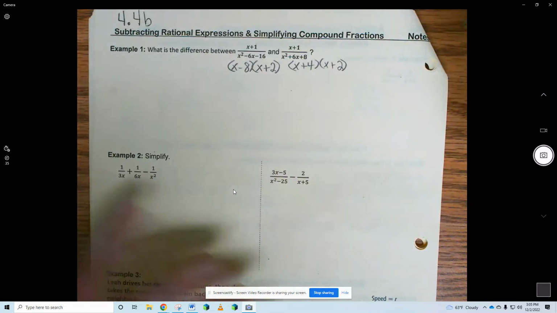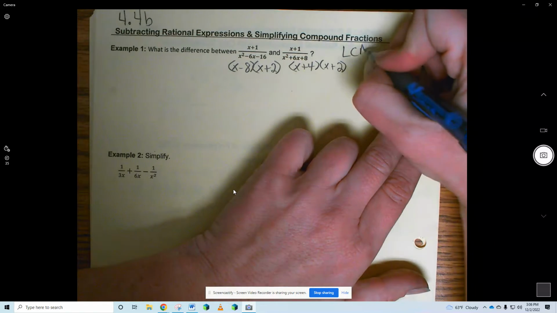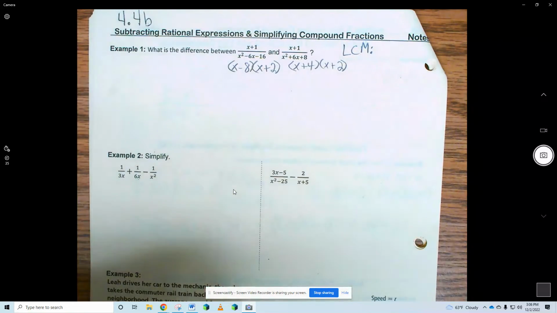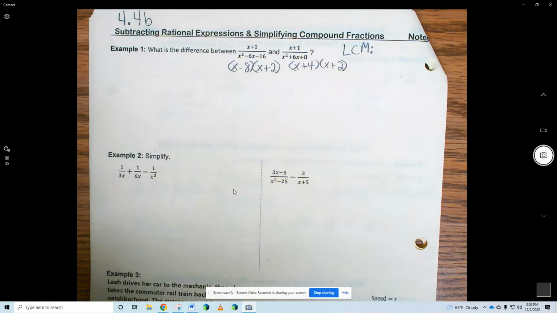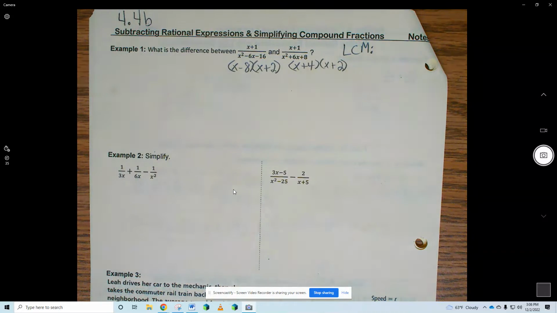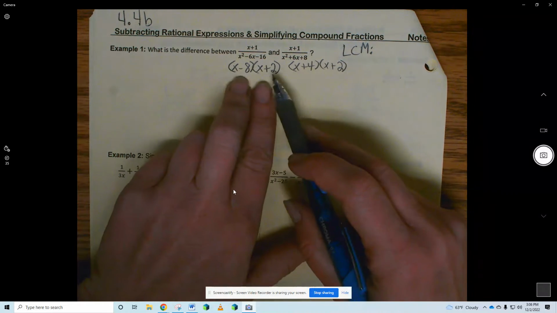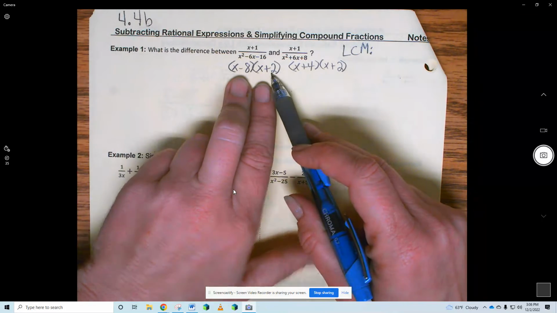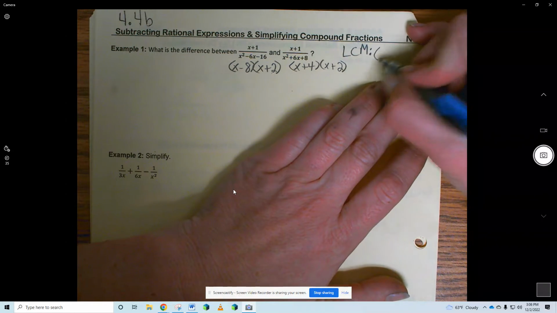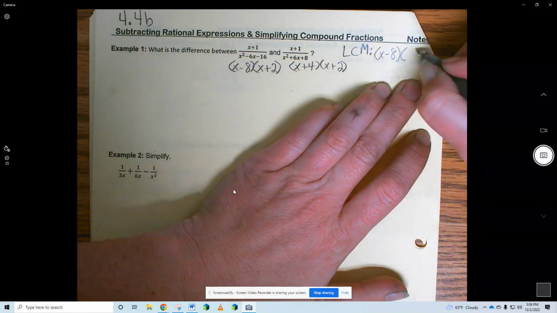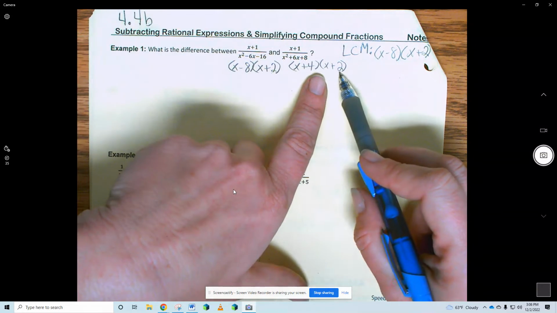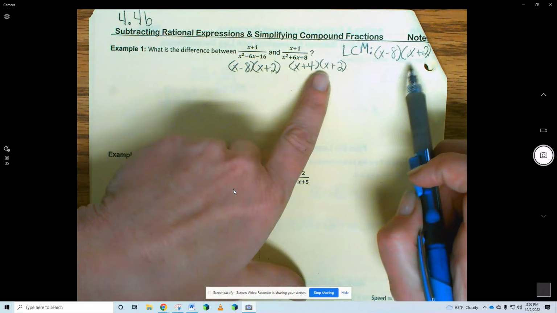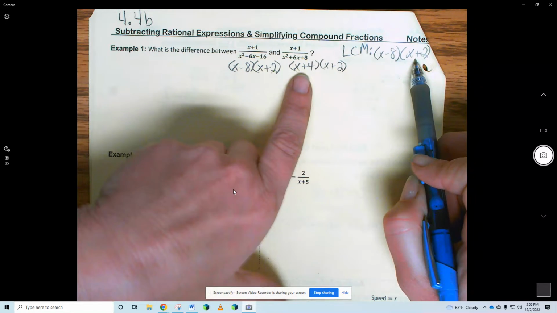All right, so my LCM. All of the denominators need to be included, all of the parentheses. Okay, this for sure has both of these, so that is definitely going to be a part of the LCM. I'm going to run out of space. Now, the second fraction, it already has the x plus 2, but I still have not accounted for the x plus 4.